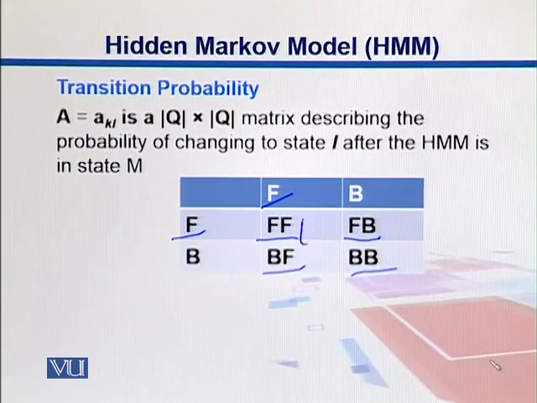Suppose here it stays in the fair state with 0.9, then this is 0.1, both of them adding up to 1. Same way we can come up with probabilities for the bottom row. Overall this matrix is called the transition probability matrix, which is Q by Q, with states in both the rows and the columns.